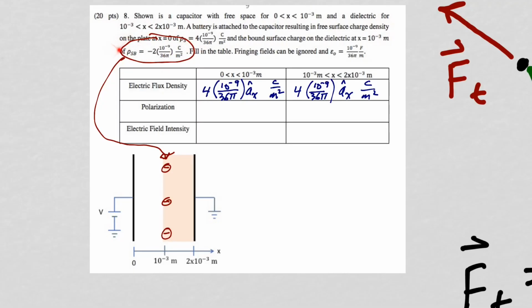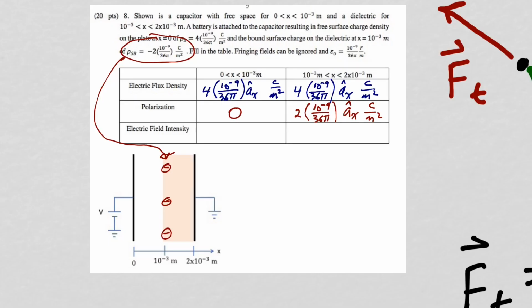So the polarization in the dielectric will be 2 times 10 to the minus 9 over 36 pi coulombs per meter squared in the x direction. And of course, in the free space region where there are no electric dipoles, the polarization is 0.